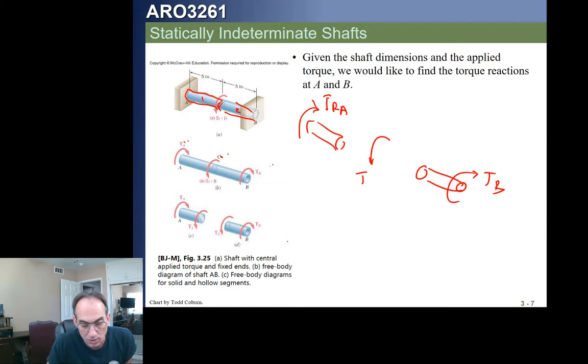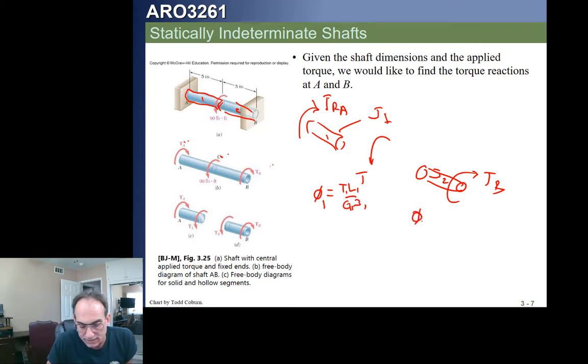We're not totally sure how much goes each place. We have the J of element 1, and we have the J of element 2. So we can say the angle of twist of the first one is going to be T1L1 over G1J1.